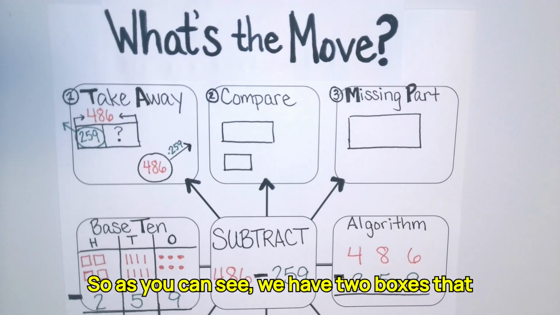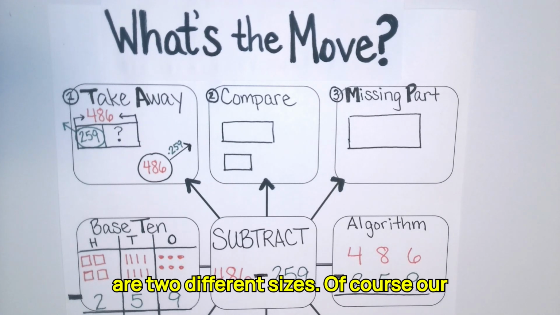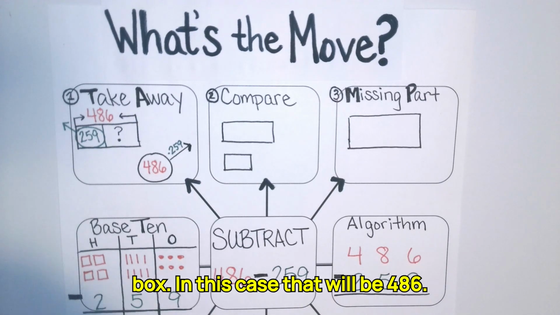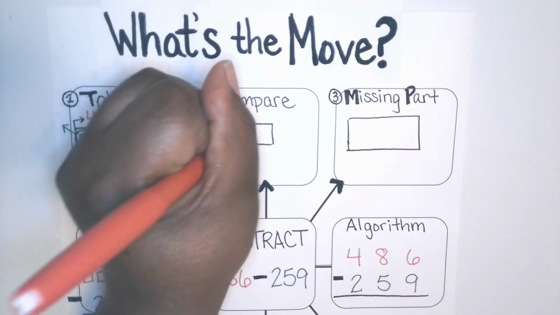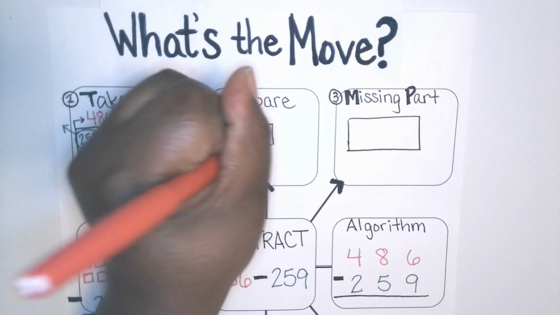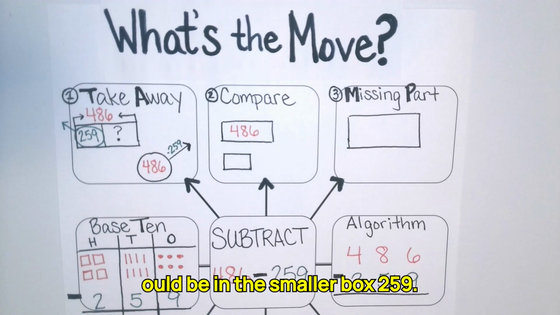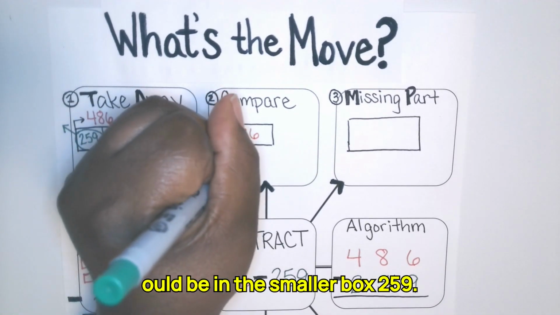So as you can see, we have two boxes that are two different sizes. Of course, our bigger number will go inside the bigger box. In this case, that will be 486. Our smaller number will be in the smaller box, 259.